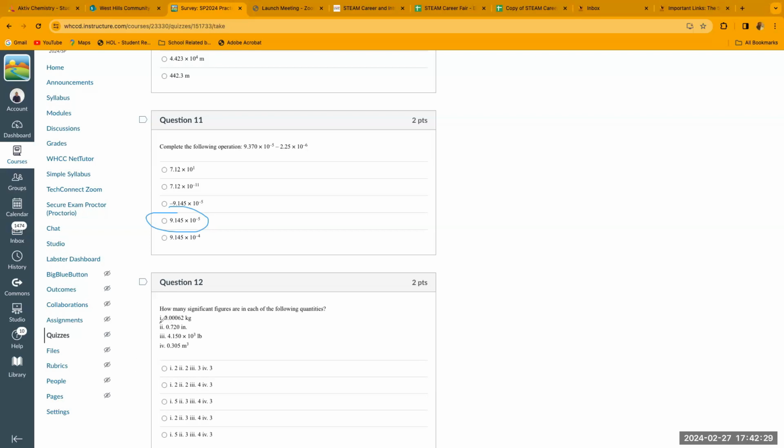So, the very first one, I. How many sig figs do we have?